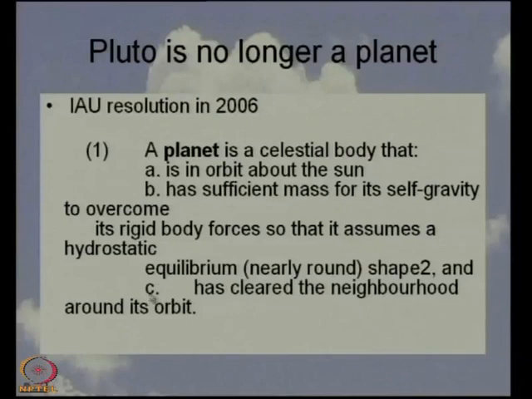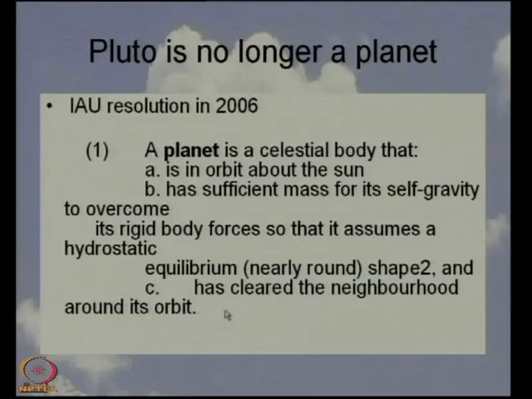And C, has cleared the neighborhood around the orbit. So it should be in orbit around the sun. It should have enough self-gravity to come to hydrostatic equilibrium. An object in orbit around the sun that does not have enough self-gravity to overcome its shape is held together by electromagnetic forces and quantum mechanics, not by gravity.